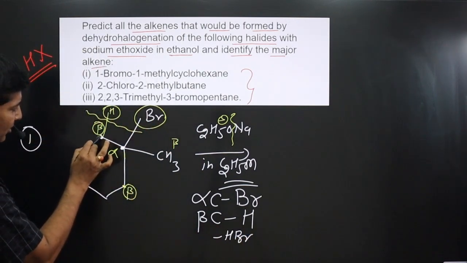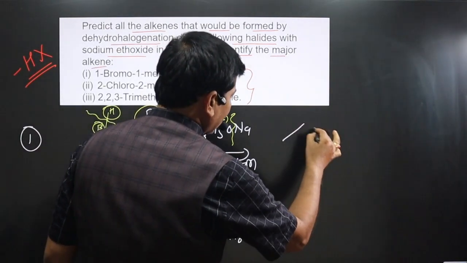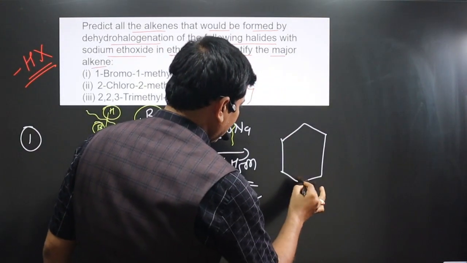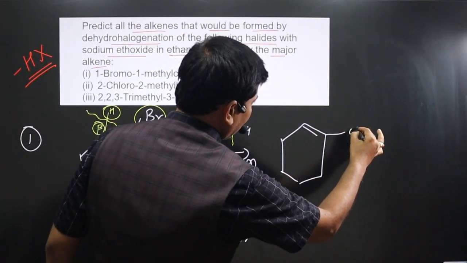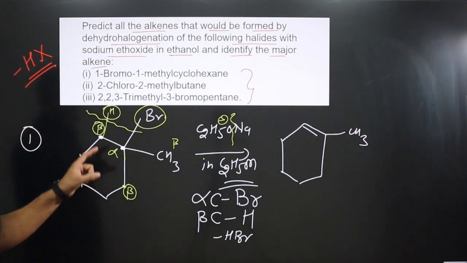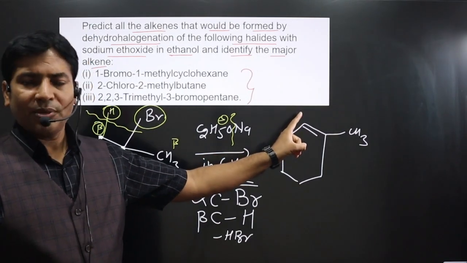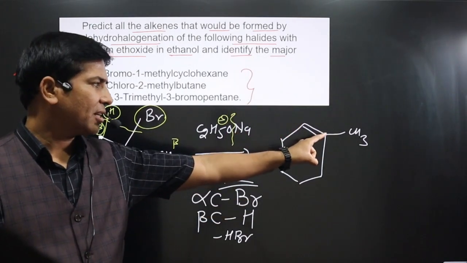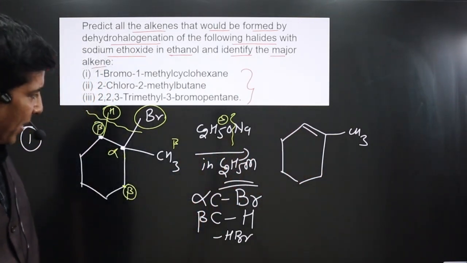To satisfy the valency of this carbon as well as that carbon, a double bond will form. We get cyclohexane with one double bond in the ring and the CH3 attached. This carbon forms four bonds, with one hydrogen present, so the valency is satisfied, and the other carbon also forms four bonds with no hydrogen present.